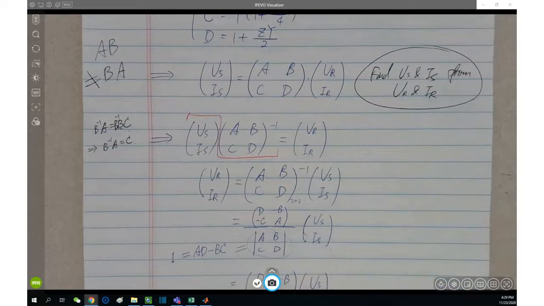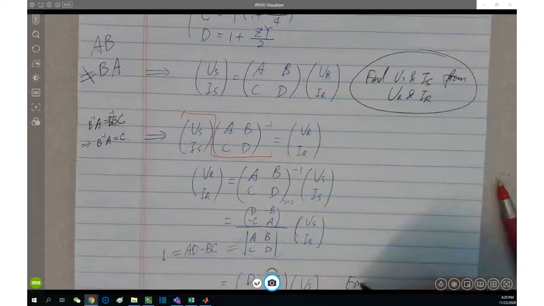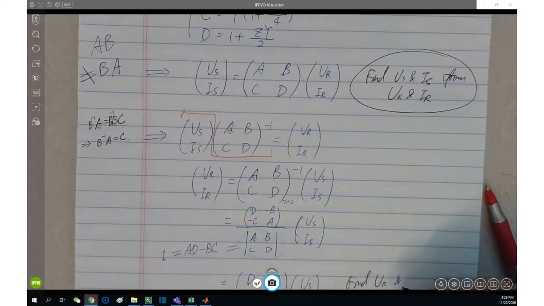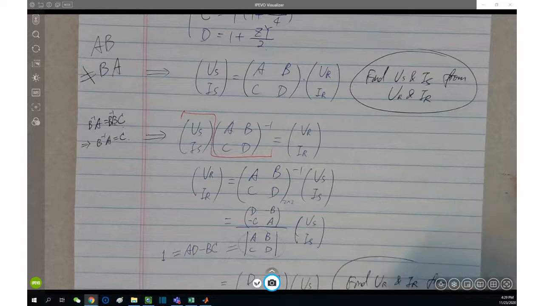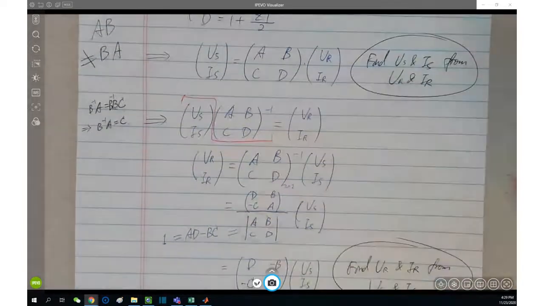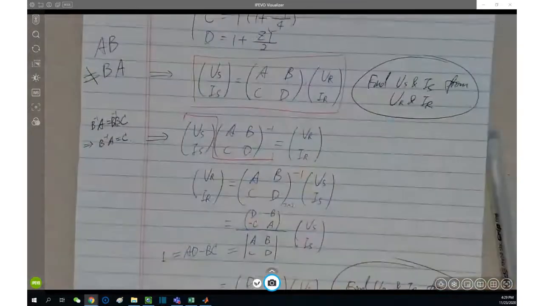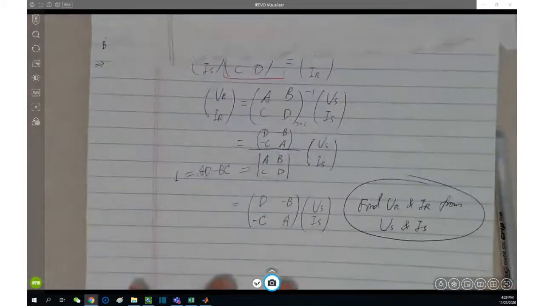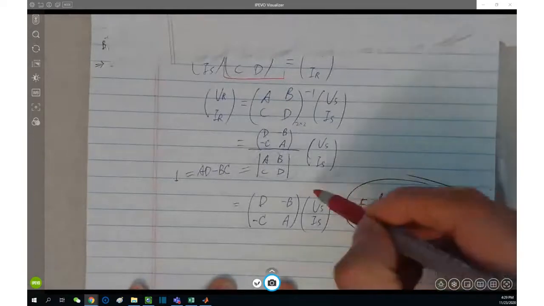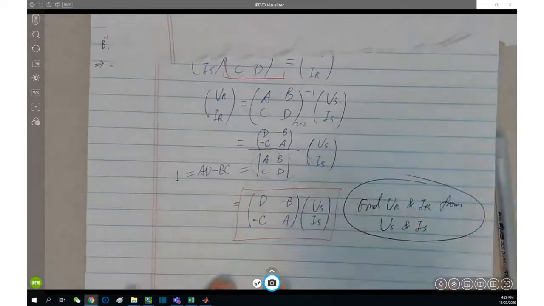Here is to find VR and IR from VS and IS. So here, one way, and this is the other.